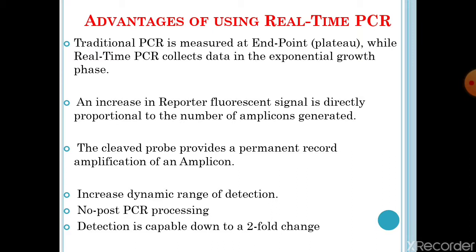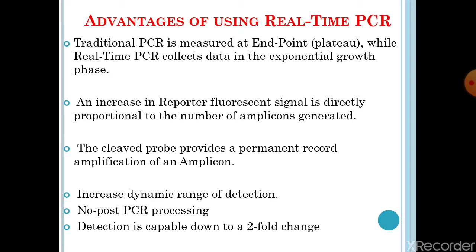Now, what are the advantages of using real-time PCR over the traditional methods? Traditional PCR is measured at the endpoint, that is the plateau, while real-time PCR collects the data in the exponential growth phase. So an increase in the reporter fluorescence signal is directly proportional to the number of amplicons generated.